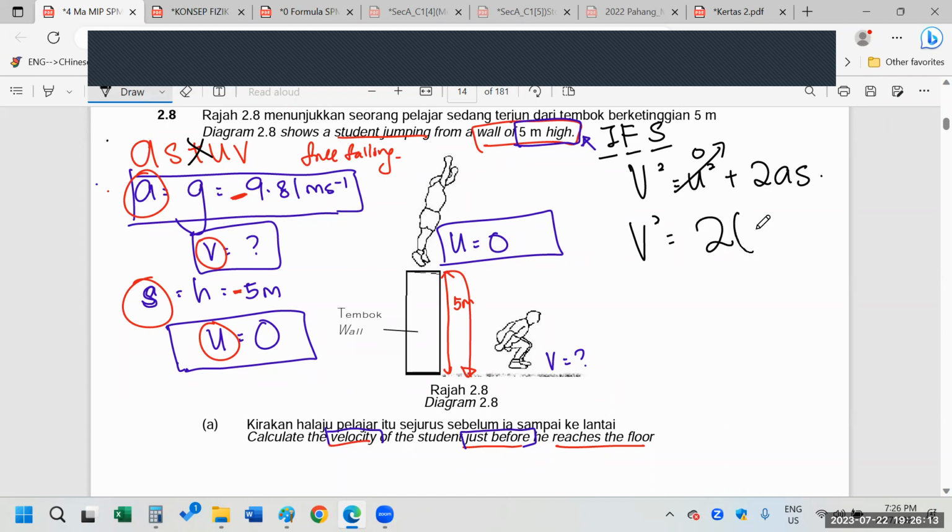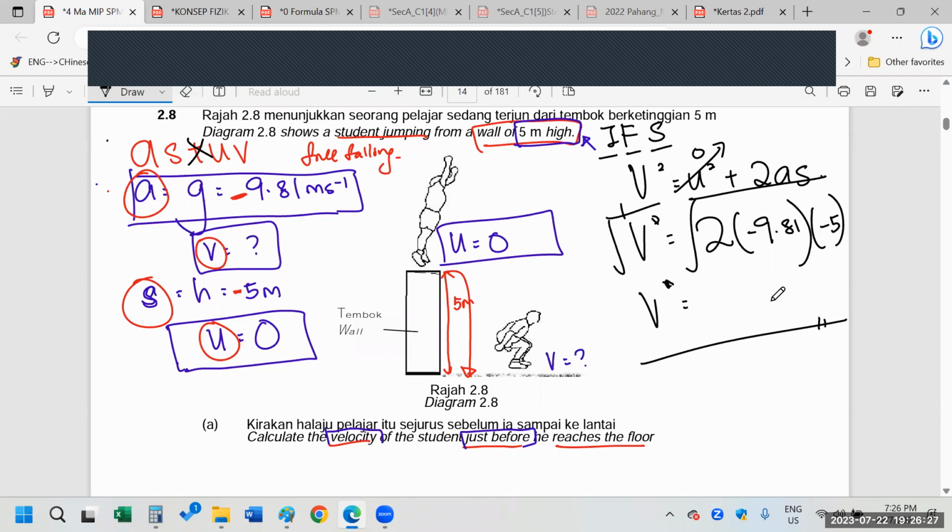Then 2A is negative 9.81, S is negative 5. So V square equals to this, V equals to square root of this answer. The answer is this one.